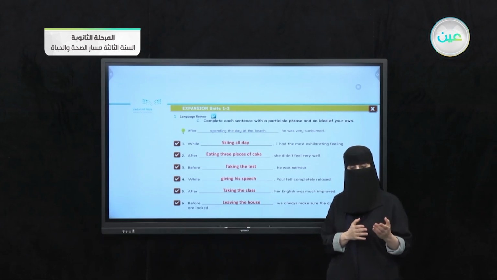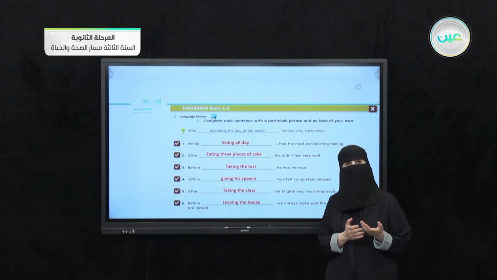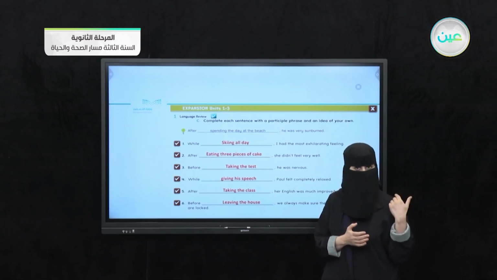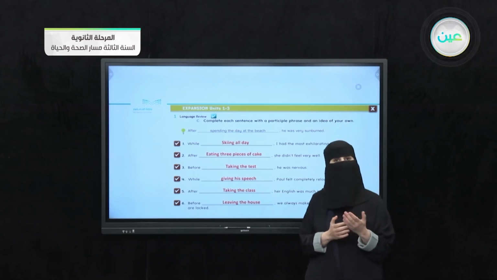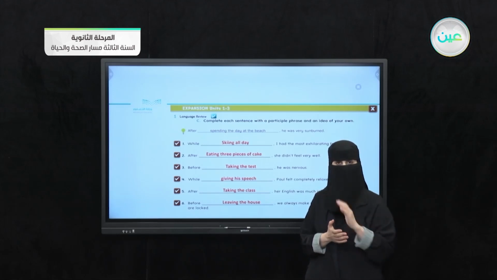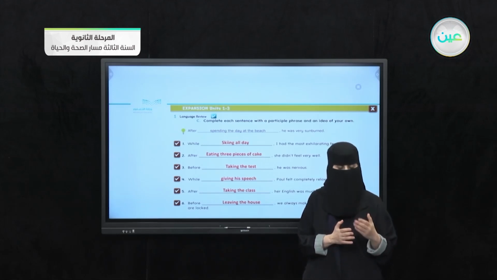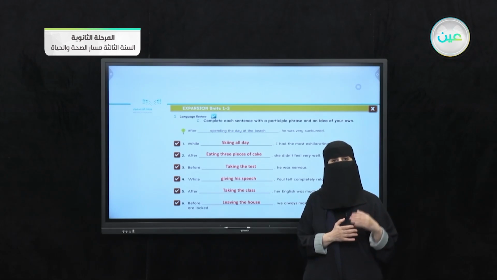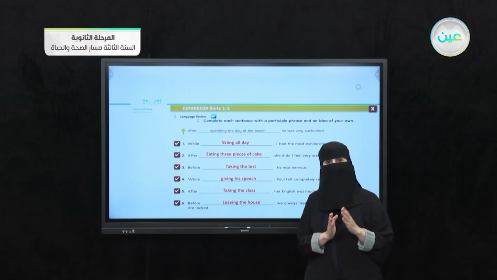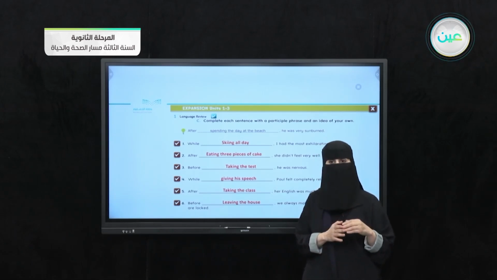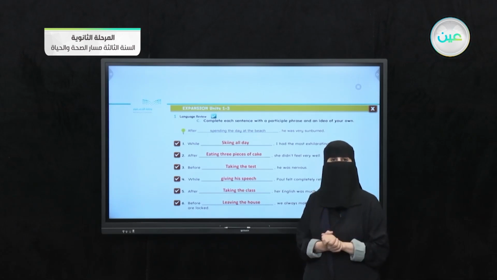The use of it is to give an opinion about a situation that happened in the past, and its structure is absolutely different from the previous one. The structure is subject plus modal plus have been plus past participle.